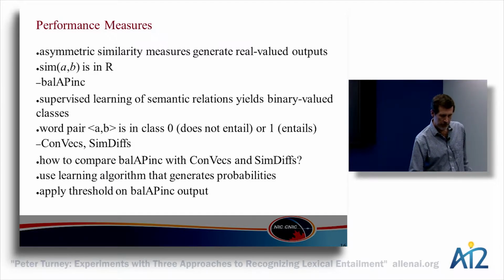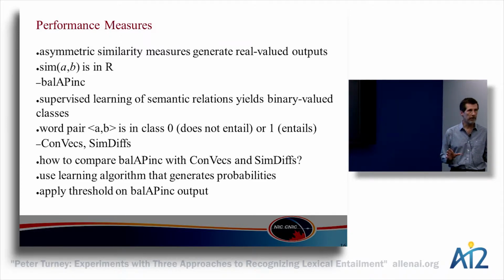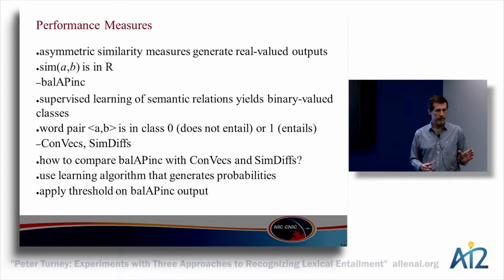Now, performance measures. These 2 different approaches, the unsupervised BALOP Inc. and the supervised Convex and SimDiffs, are doing different things. BALOP Inc. generates a real-valued score, whereas supervised learning is a binary classification.